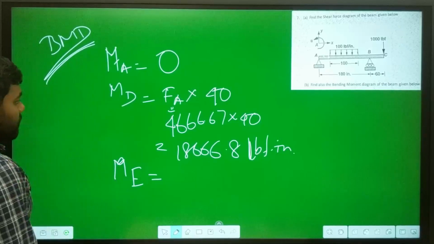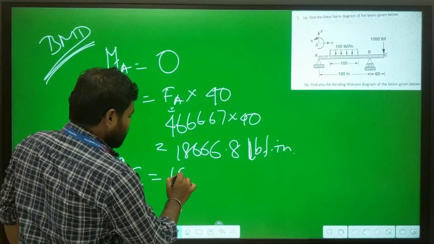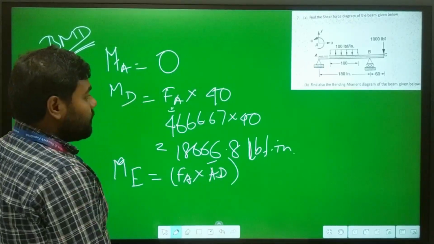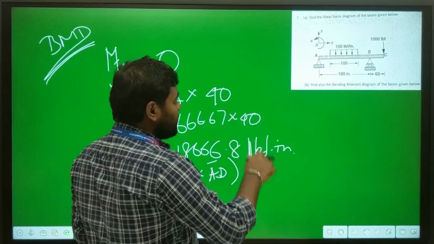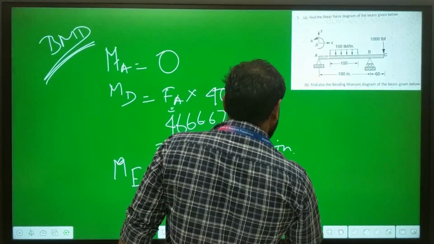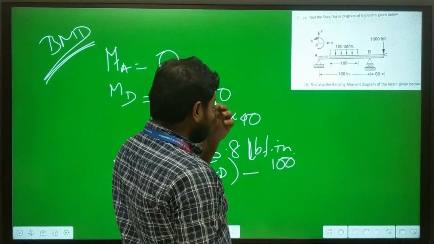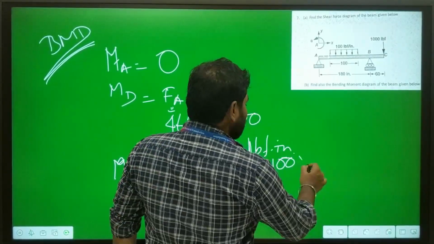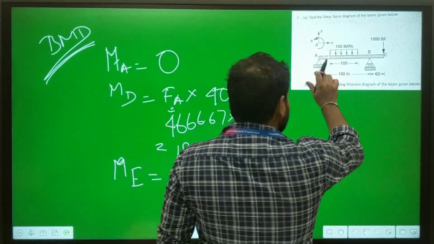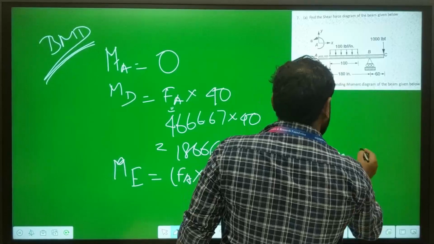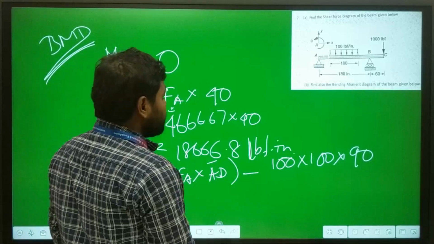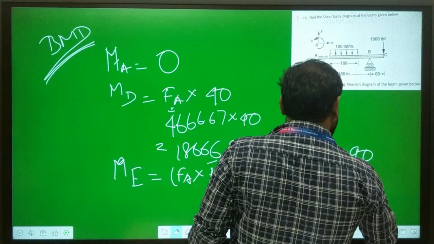Now the moment up to point E. The moment up to point E will be this moment, Fa into the distance AD, and for the uniformly distributed load, the moment will be in the opposite direction. So minus, if we consider the load as a single load at the midpoint, 100 into the distance, and this distance was 90 by 2.